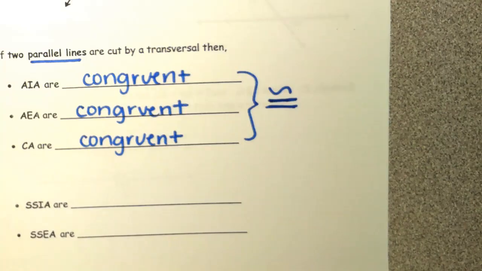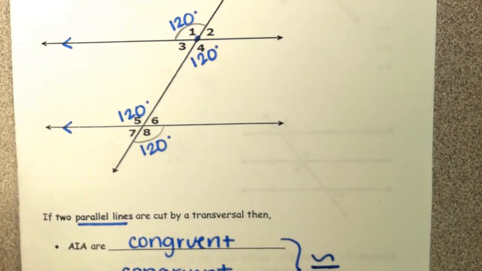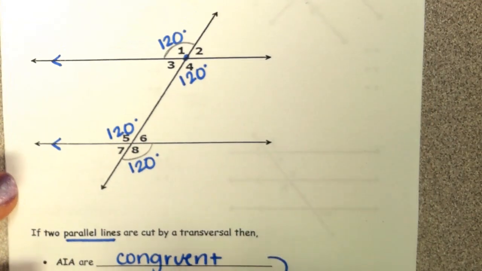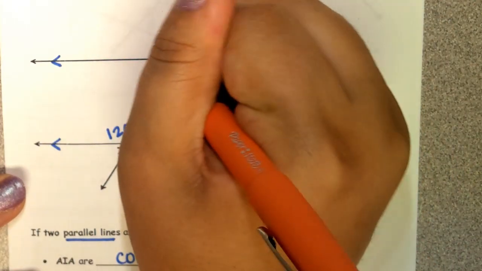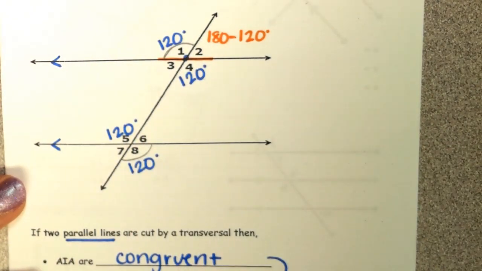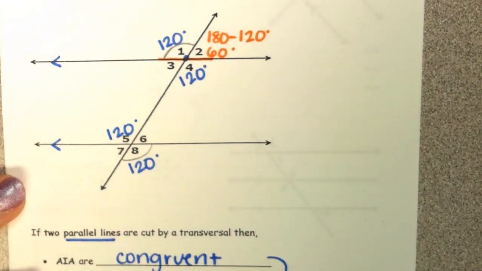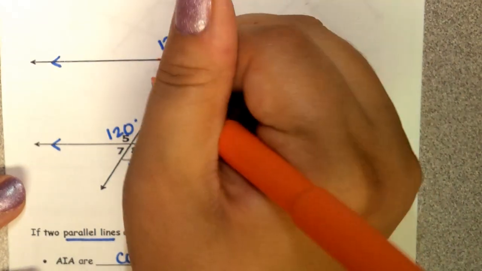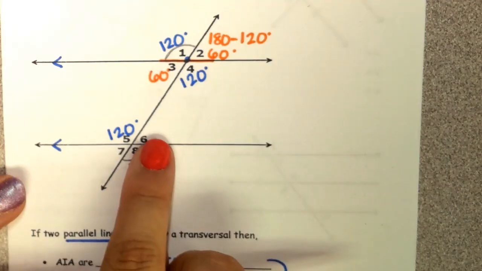Now, if I know those are 120, what do I know about my other angles that I haven't filled out yet? How do you know they're 60 degrees? They're a linear pair, and do y'all agree those make a line? So I can subtract from 180, and what is 180 minus 120? Y'all said they're 60 degrees. And if 2 is 60 degrees, what else do I know? 3. Why 6?